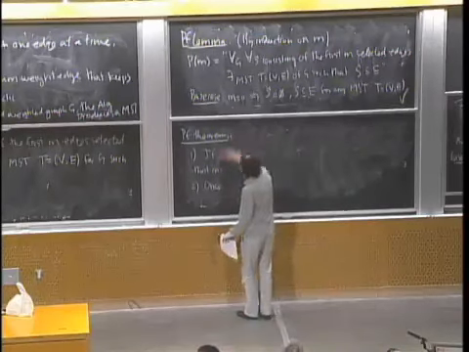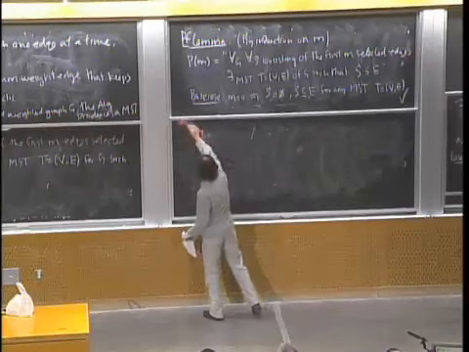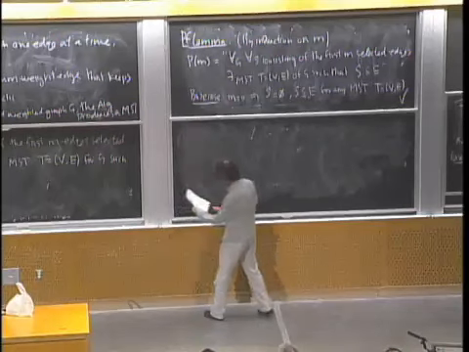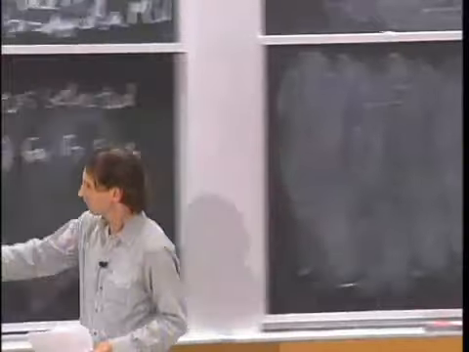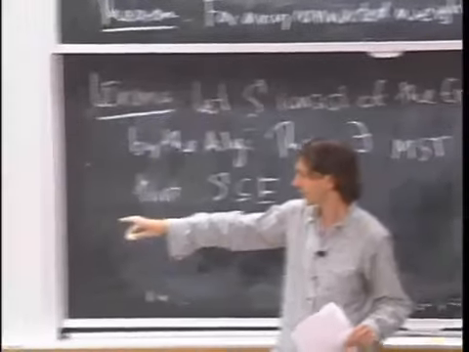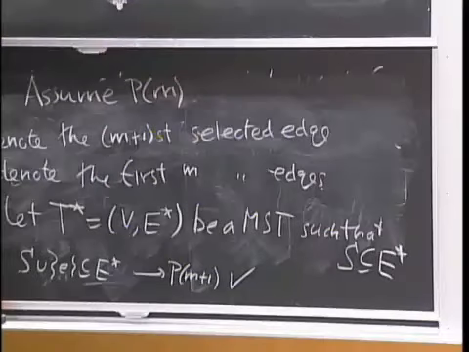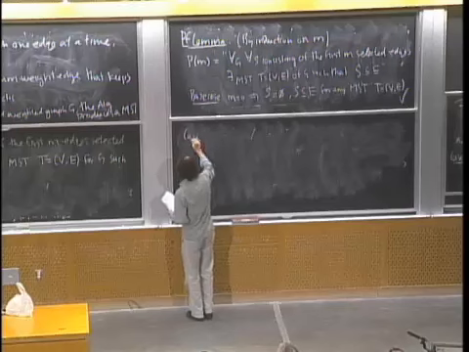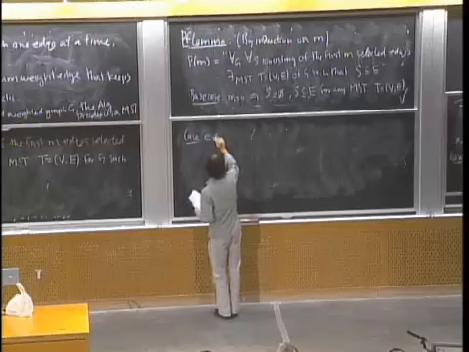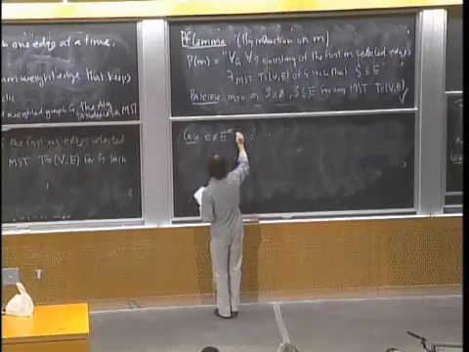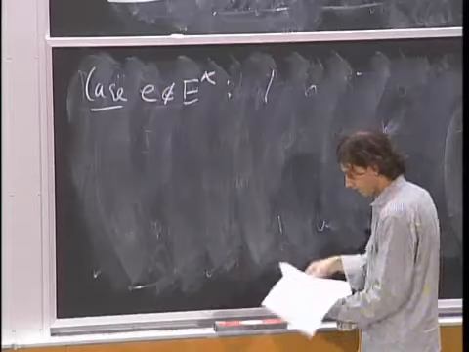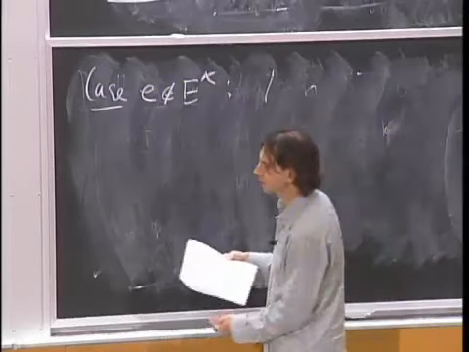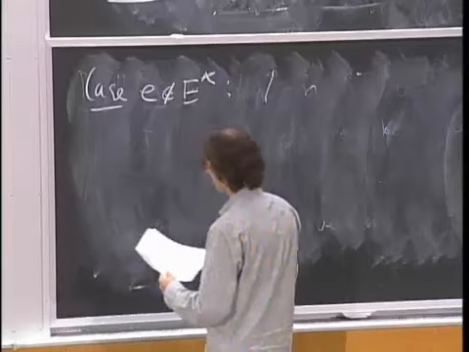So the way to do this is to see how we can use the tree T star and somehow transform it into another tree for this particular case, where we assume that E is not in E star. So let's have a look at that graph up there.